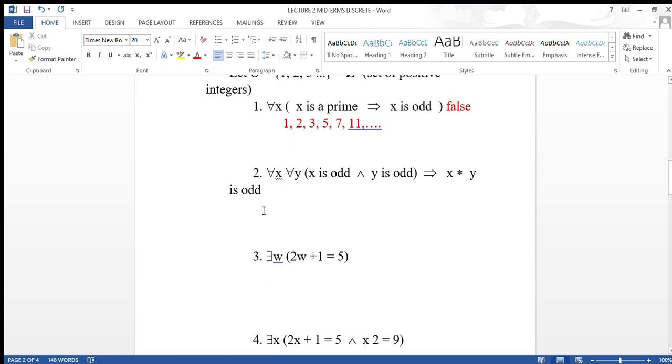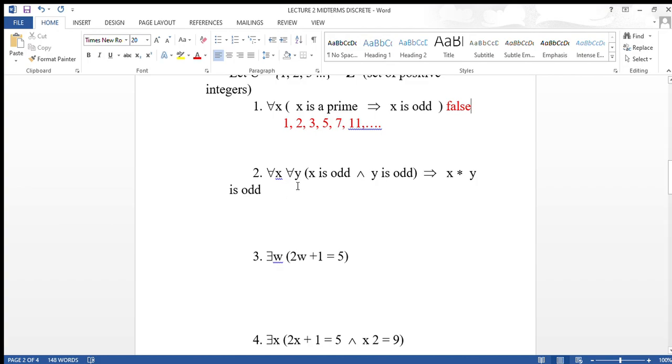Next example, we have two quantifiers here. And in our discussion last meeting, we said that if we want to determine the truth value of a proposition involving two quantifiers, we always work from left to right. We have for all x, for all y, and we now have our open proposition, x is odd and y is odd, okay?